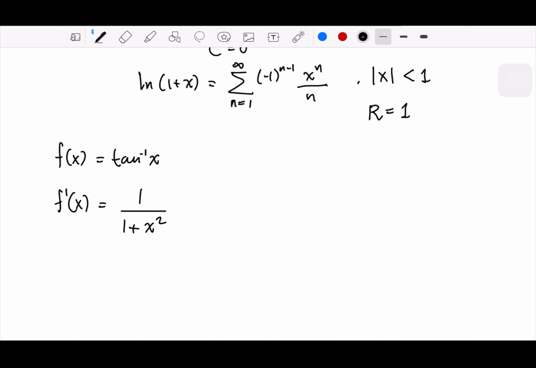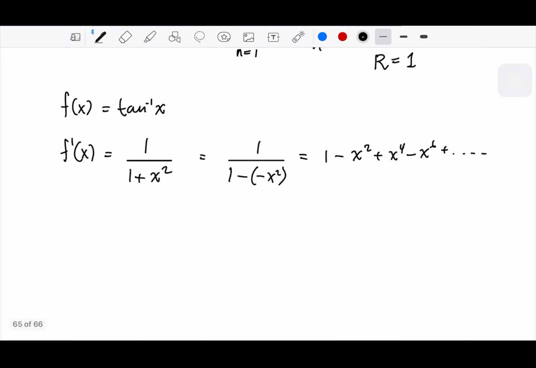So we know that this came from 1 over 1 minus x squared. And we can perfectly observe that this is 1 minus x squared plus x^4, right?